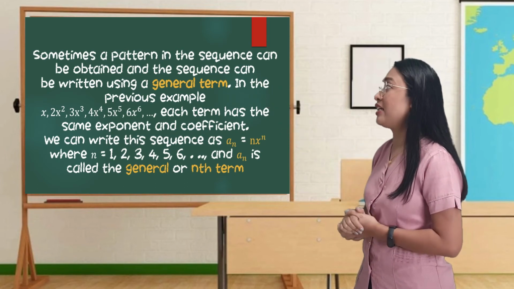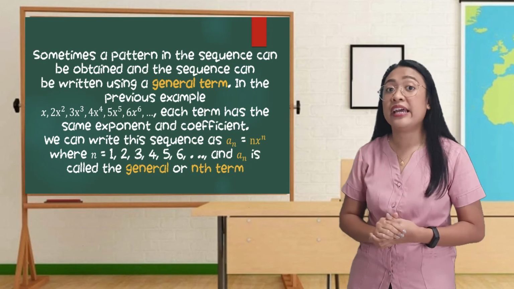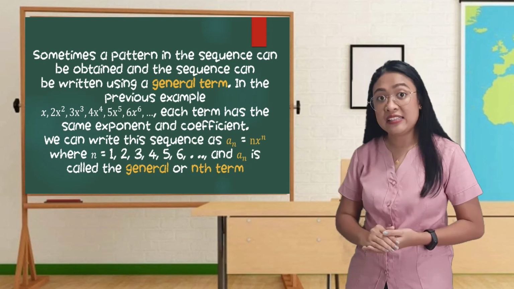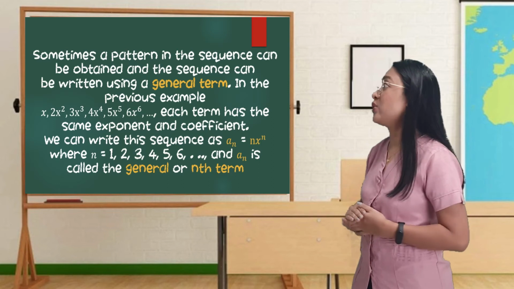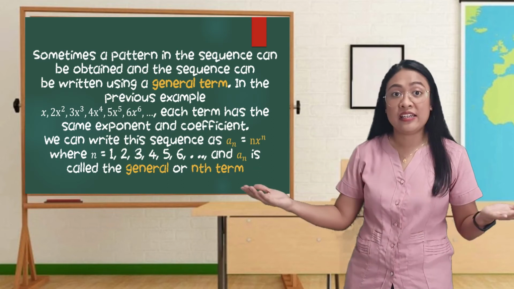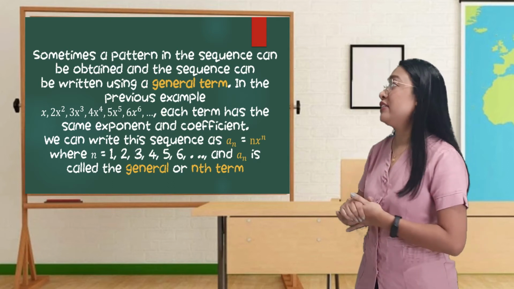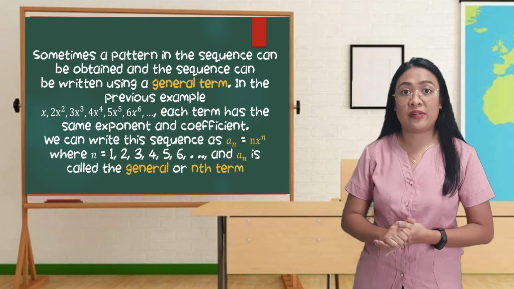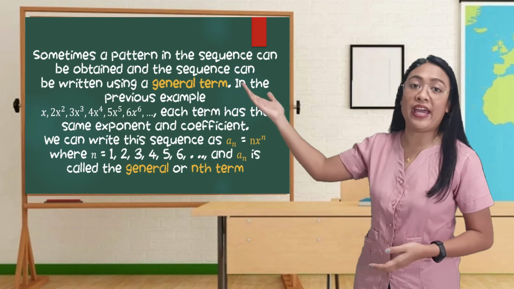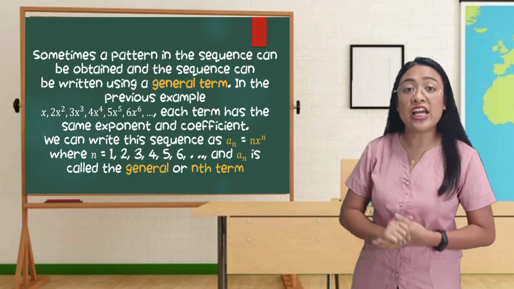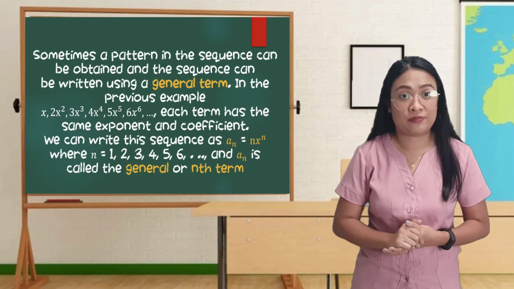We can write this sequence as a sub n is equal to n x raised to n, where n is 1, 2, 3, 4, 5, 6, and so on. And a sub n is called the general or the nth term.